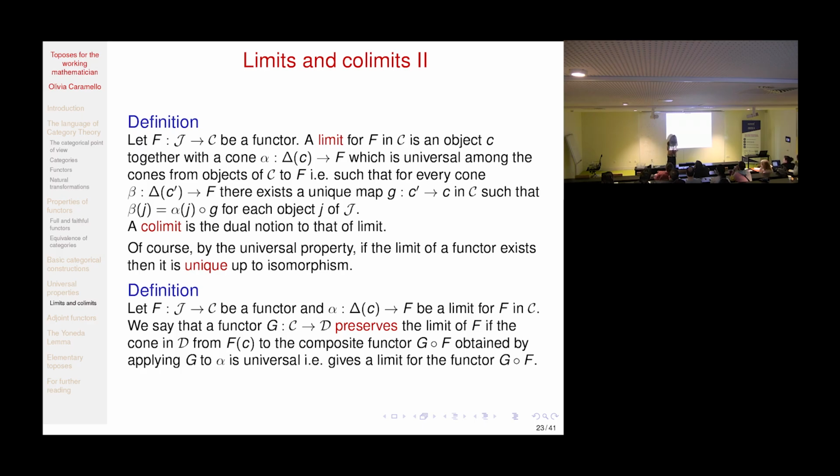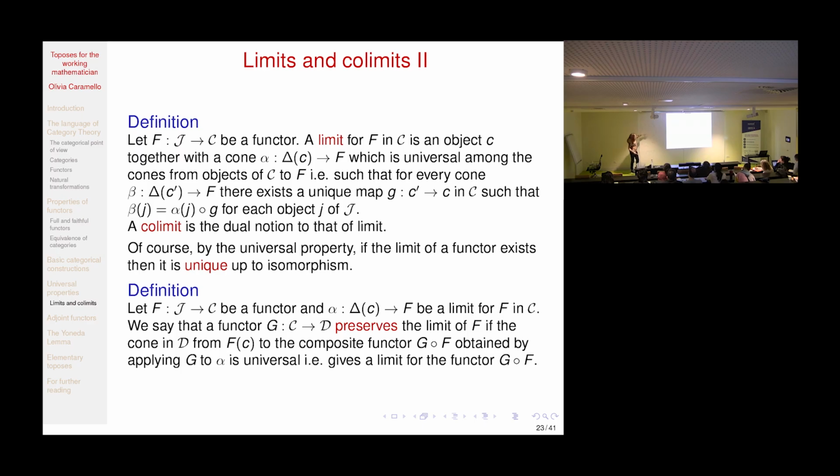Okay, good. Fundamental remark: universal properties, as we said at the beginning of the lecture, determine the objects that satisfy them up to isomorphism. And this you can immediately see, because a universal property gives you existence and uniqueness conditions.